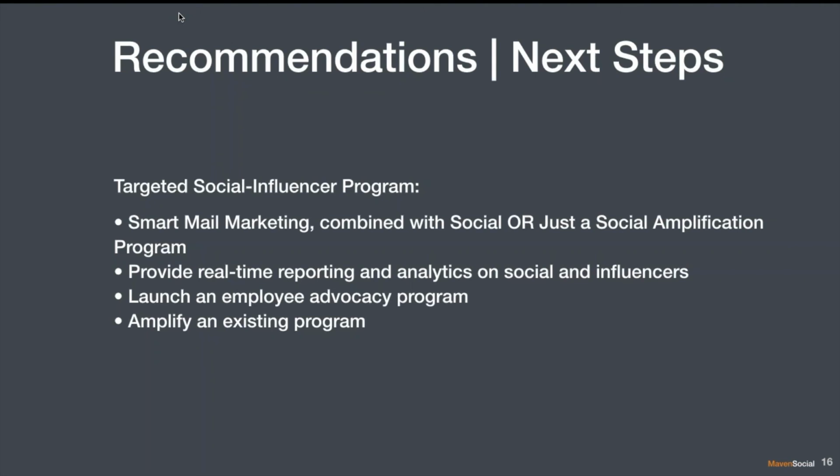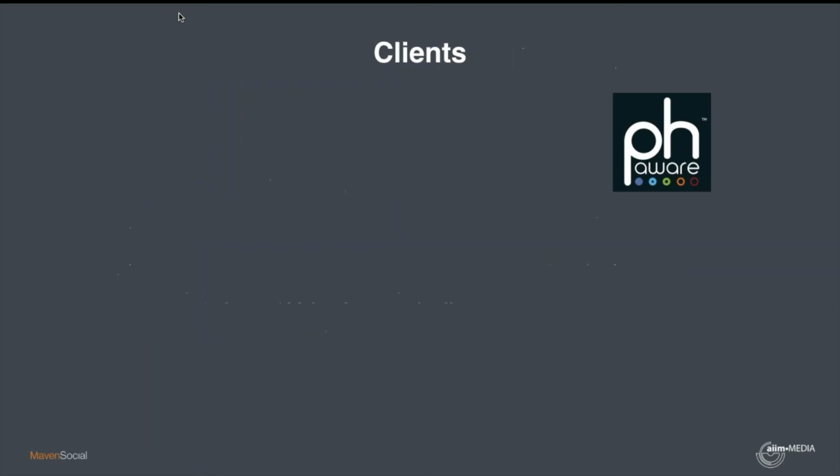But this will give you the robust metrics to measure ROI. And what we could do with the program is map the ROI out and make sure that we fall within the lines of proving that there is an ROI on both DM and social, or even just on the social program. So I just want to mention that in this process we do have an ROI table that we go through. We spend time with that to make sure the metrics are properly managed and the expectations are met.